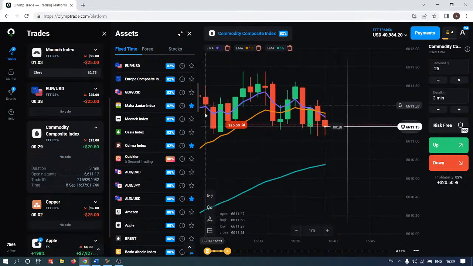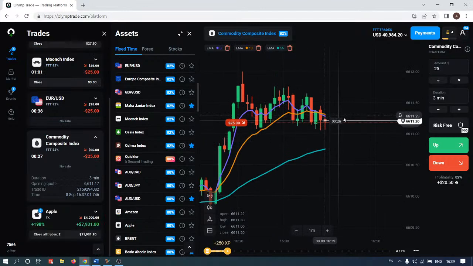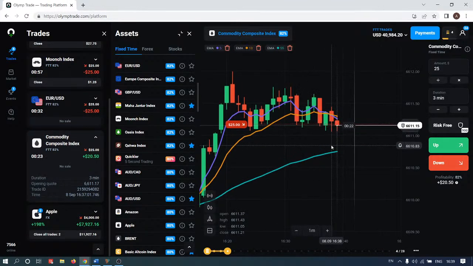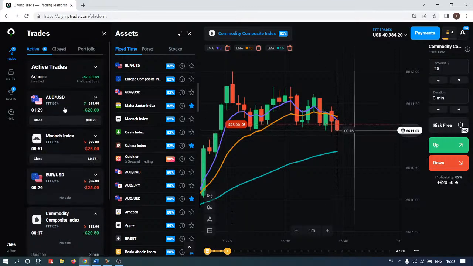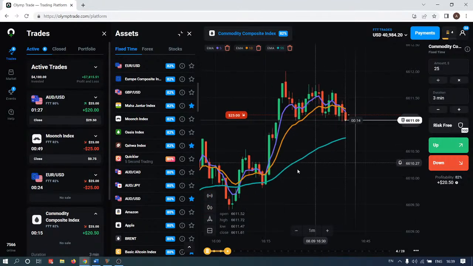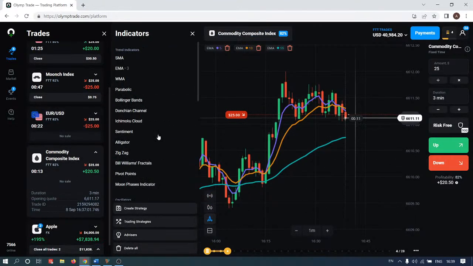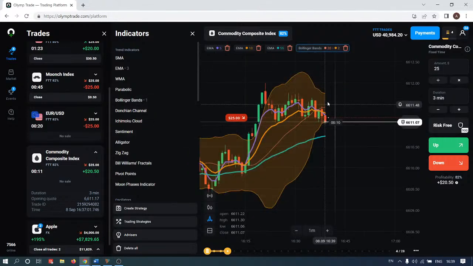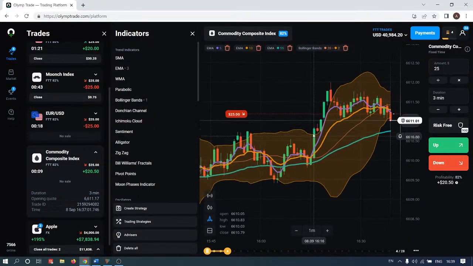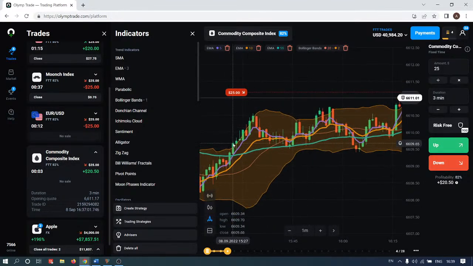I just think that Bollinger gives you a little bit of false impression of stability and guaranteed trades, because when you look at it, everything seems like, so let me go ahead and enable it. So everything seems like, yeah, when the price goes up, it always goes down, like this one, this one, this one, but like this one.